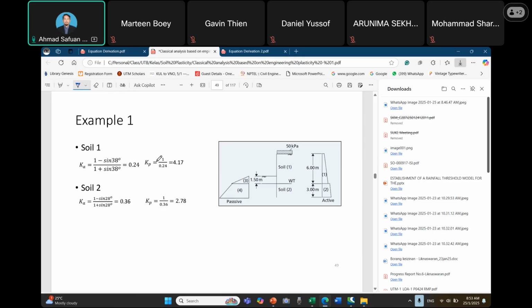So 1 over 0.24 is 4.17. Let's say we use the equation (1 plus sine 38) over (1 minus sine 38). Then we obtain 4.20.